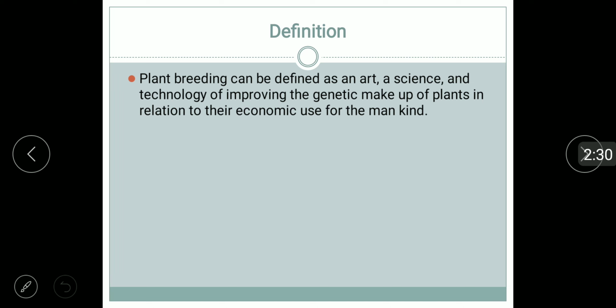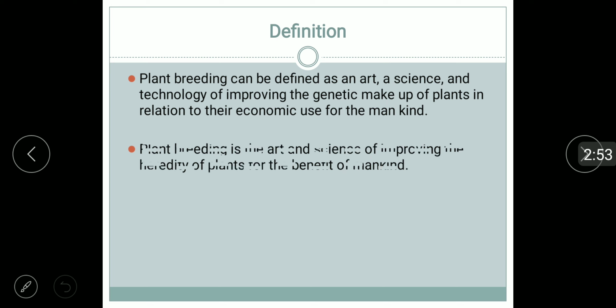Plant breeding involves science and technology. Technology means the transfer of genes from one parent to another parent, progeny, one line to other lines. It requires technology like genetic engineering and biotechnology. All those technologies are needed for plant breeding.